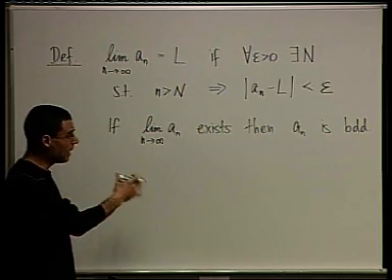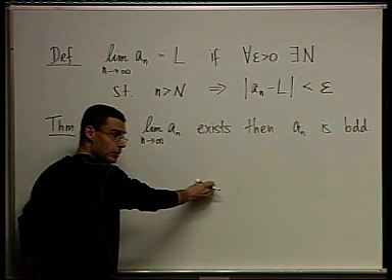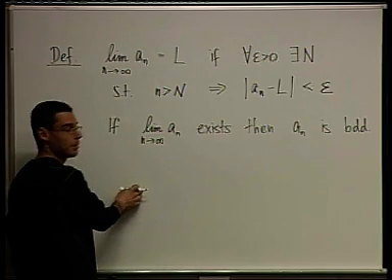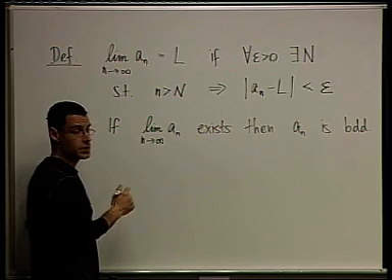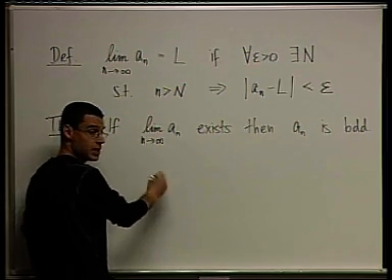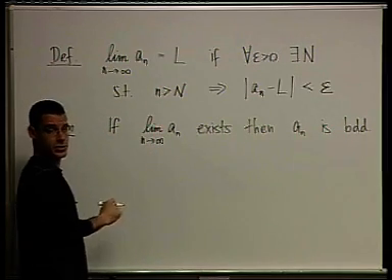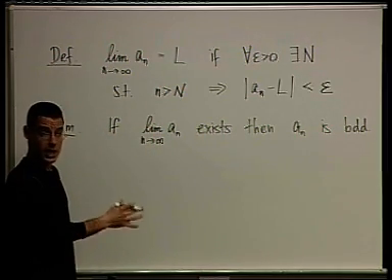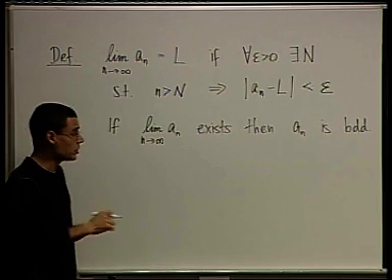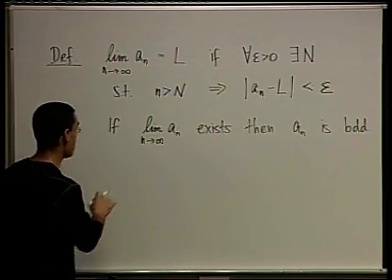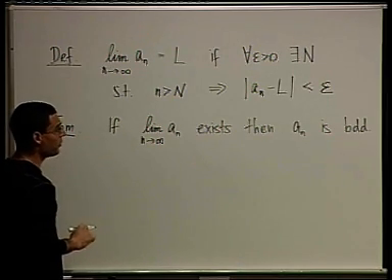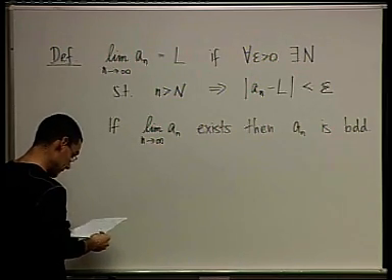A sequence is bounded if it has an upper bound, capital M, and a lower bound, lowercase m. Or similarly, you can say if all the elements a_n in absolute value are less than or equal to some constant k. Right? That's the symmetric version, and we discussed that when we discussed boundedness of sets. Okay, so this is where we left off, and let's continue from here.